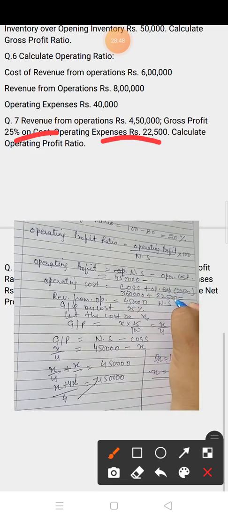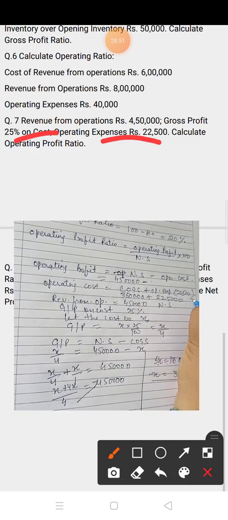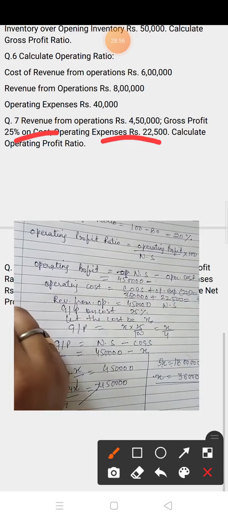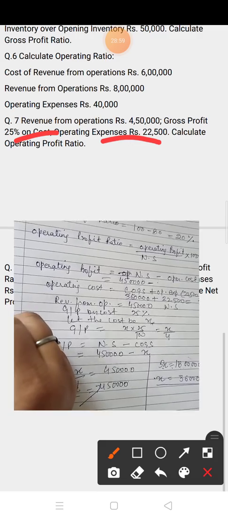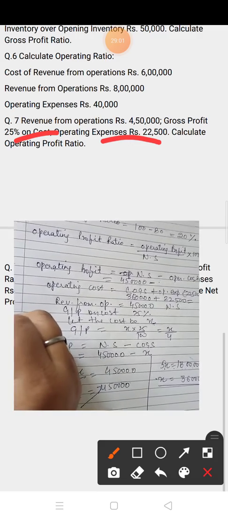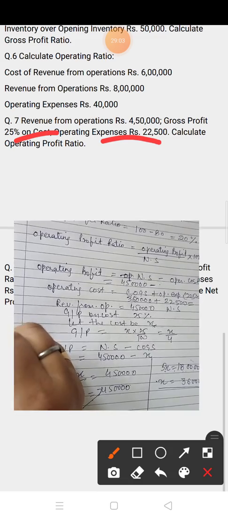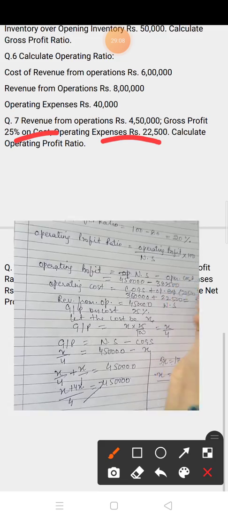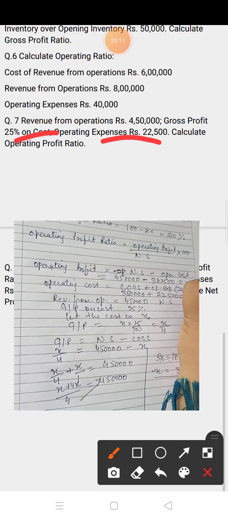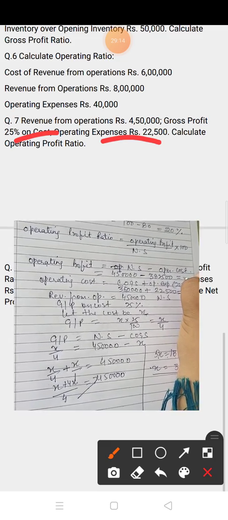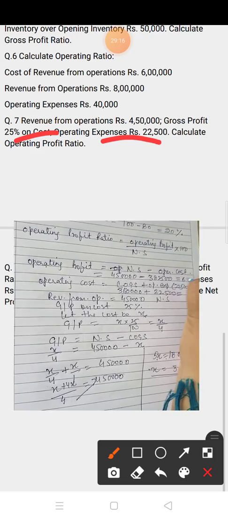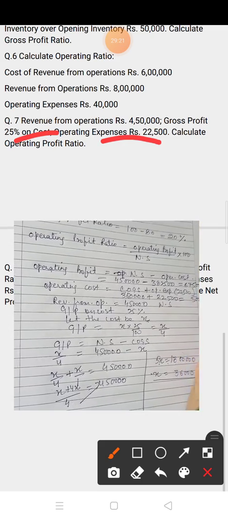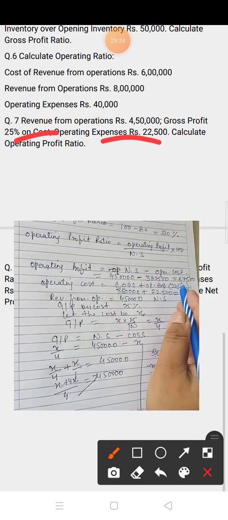So here operating cost is 3,82,500. Now subtract it, and the answer is 67,500. This is the operating profit.